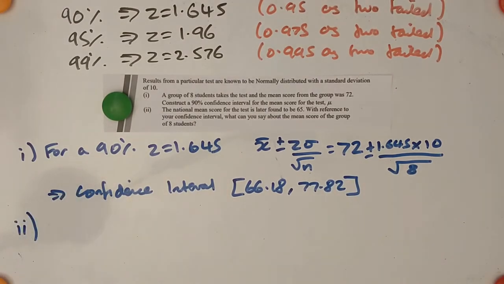And for part 2, the national mean score for the test is later found to be 65. With reference to a confidence interval, what can you say about the mean score of the group of 8 students?